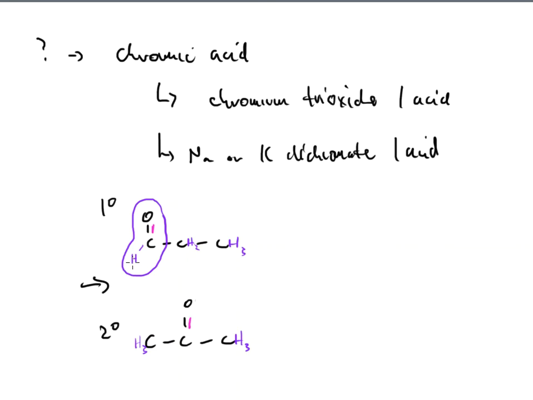That's the key, that it's on the end of the molecule. That functional group is called an aldehyde. So a primary alcohol is oxidized to an aldehyde.